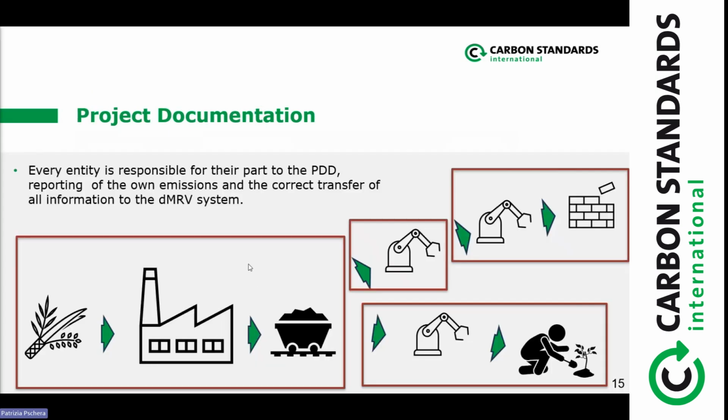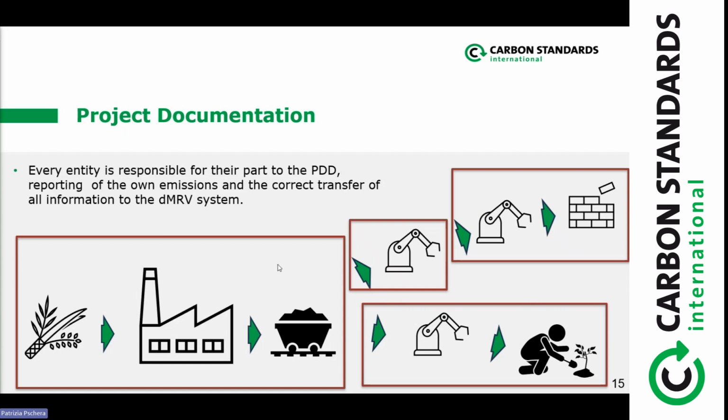If we look at the project documentation, the main part is the PDD, and we have a system that has a distribution of the responsibilities for the parts of the PDDs among the different entities that are part of the distribution channels of the value chain of the biochar C Sinks.